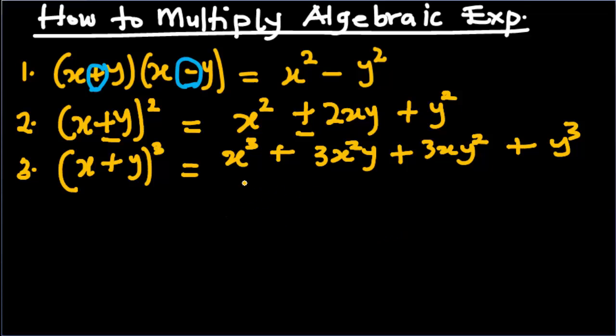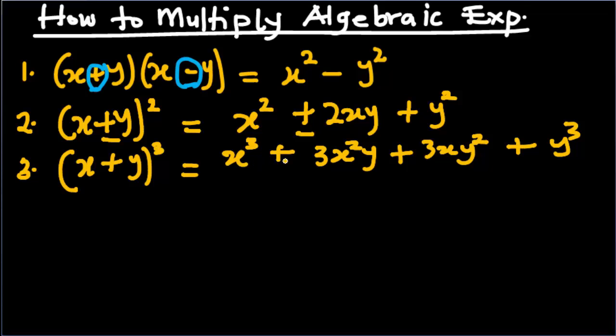Take note, it's very simple to memorize. The first term you keep, you raise to the power 3, then plus 3x squared y. When you sum up the exponents here, you should get 3: x squared, then y to the power 1.